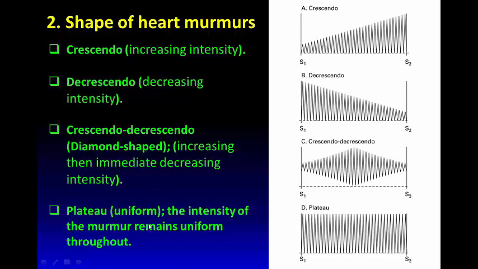And we also have plateau or uniform murmurs, where the intensity of the murmur is uniform throughout, whether it is systolic or diastolic. But in this phonocardiographic recording of the murmurs, since the murmurs are detected between S1 and S2, these are systolic murmurs.